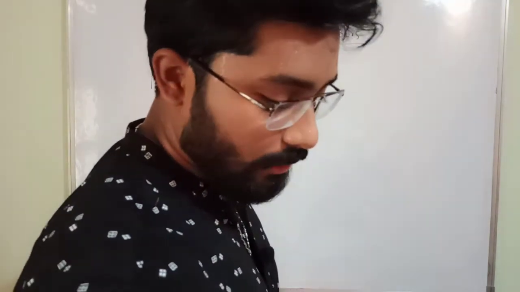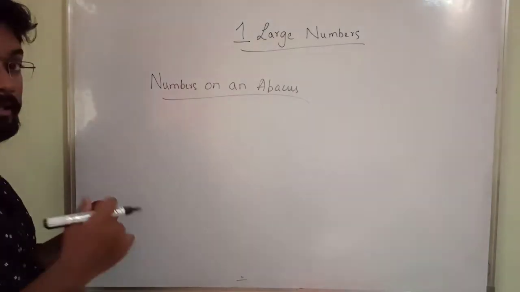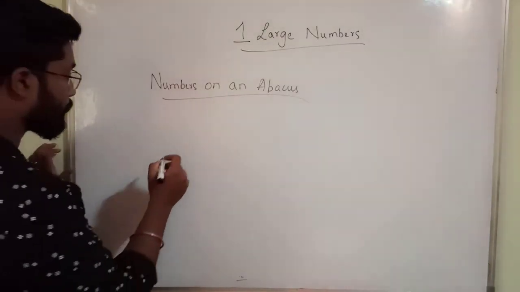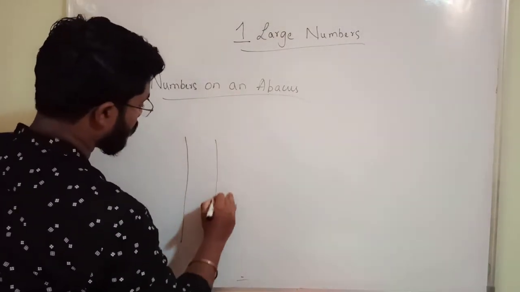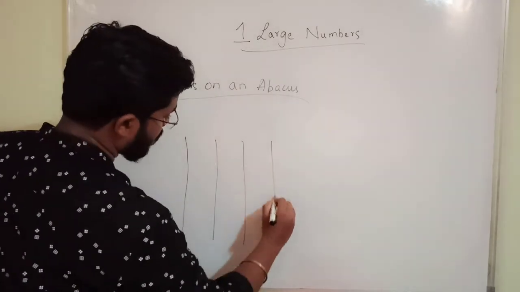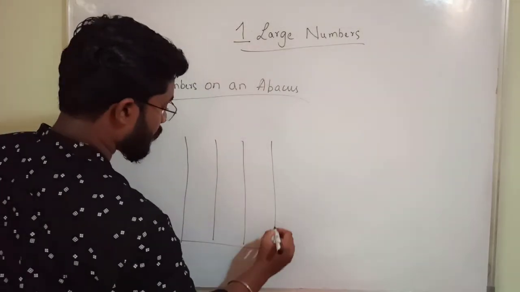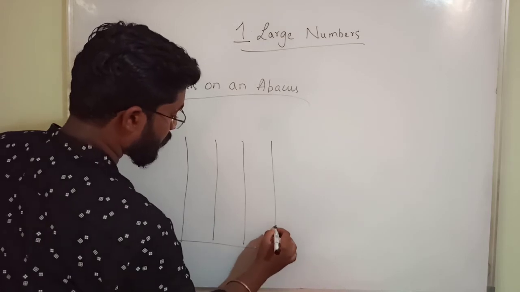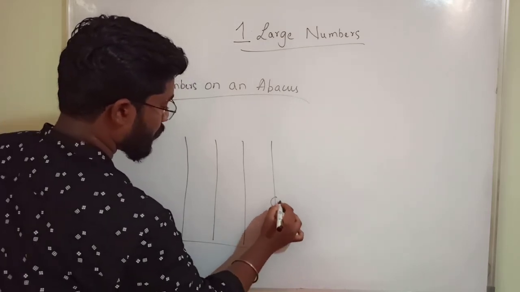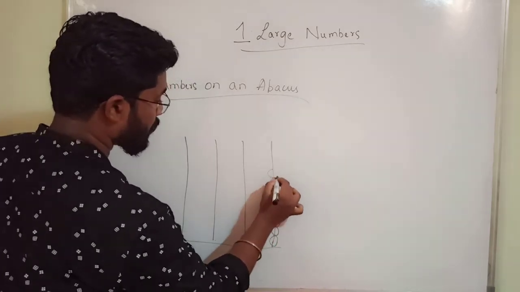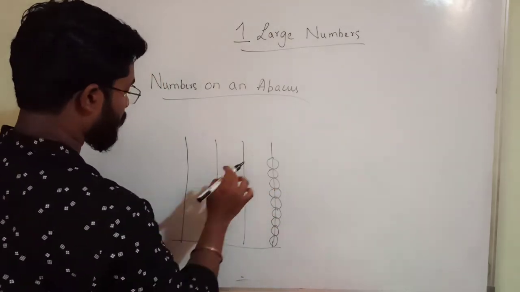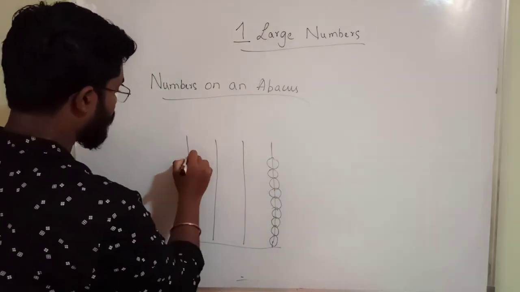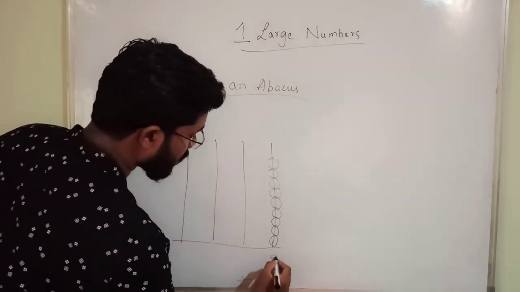Next, let us see how to represent 10,000 in the abacus form. Take this 1 2 3 4. This is 9.